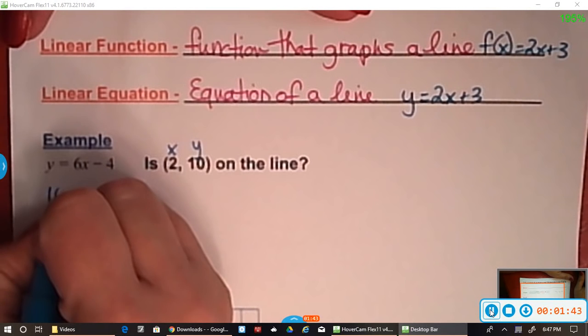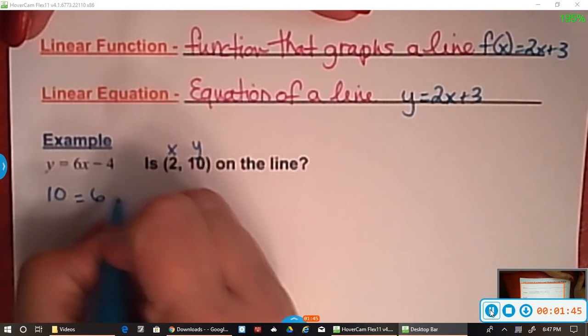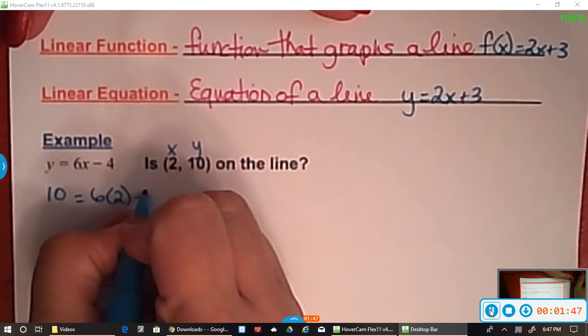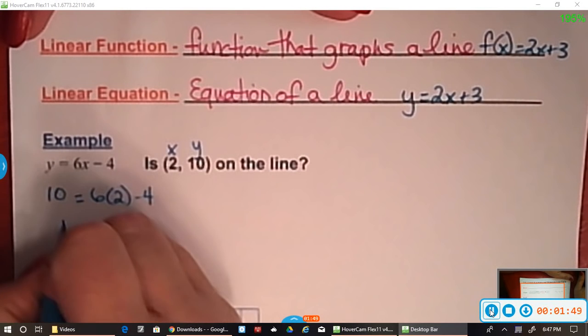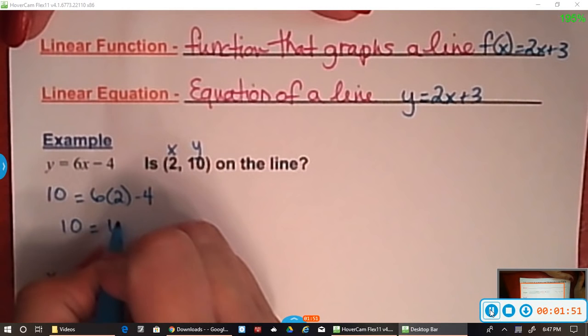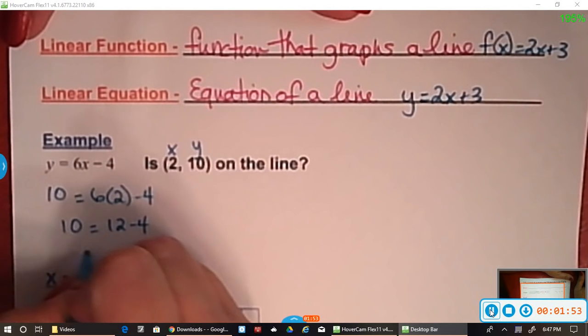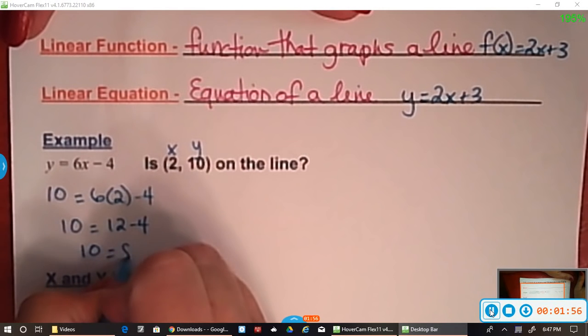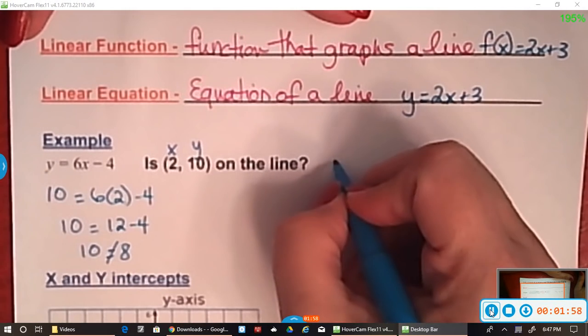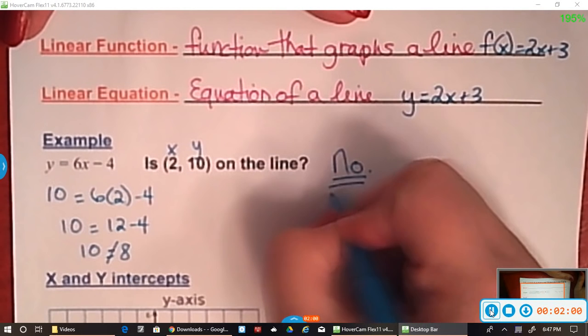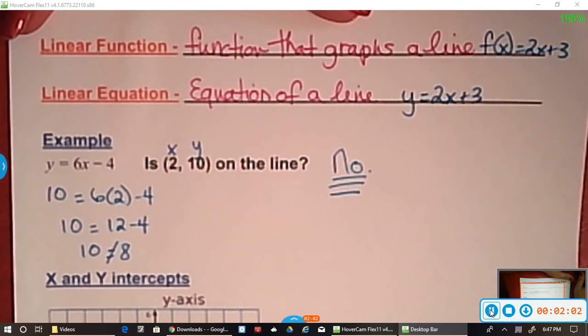So here we go. 10 equals 6 times 2 minus 4. 10 equals 12 minus 4. 10 equals 8. That is not a true statement, so no, (2, 10) is not on this line.